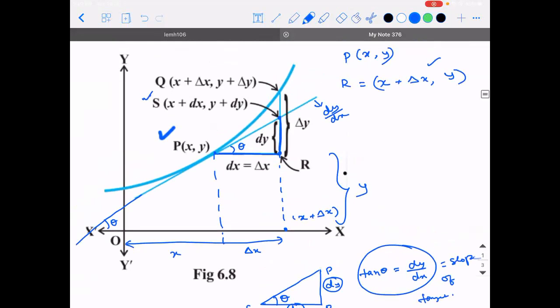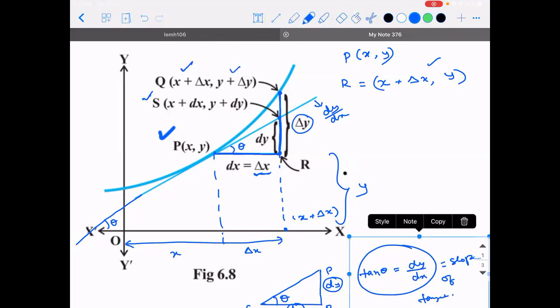Right? Yes, sir. Now, when there is an incremental value in the place of x by a value of delta x, on the curve itself, what will be the incremental value in terms of y? That is going to be delta y, right? So the coordinate of this point will be x plus delta x comma y plus delta y.